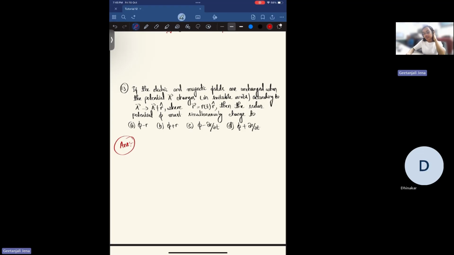If the electric and magnetic fields are unchanged when the potential A changes according to A goes to A plus del lambda, where lambda is a function of r and t, what is the change in scalar potential so that the electric field won't change? So you want to calculate the final expression for phi prime, given A prime is this.